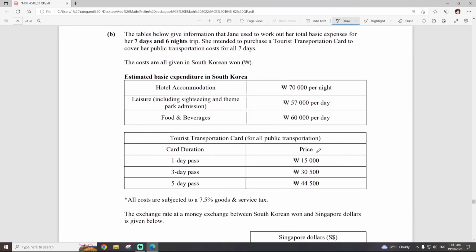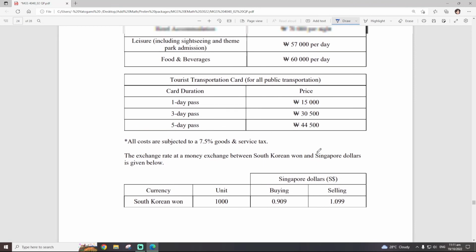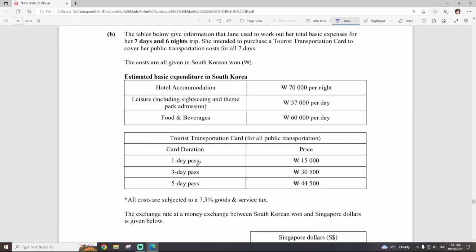What about the transportation card? Well, there's two ways. You can buy a 1 day pass and two 3 day passes, or you can buy a 5 day pass and a 3 day pass. And which one is the better deal? It seems to be that the 3 day plus the 5 day is a better deal.